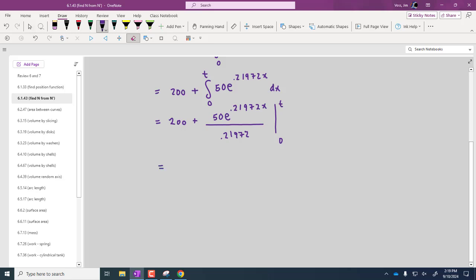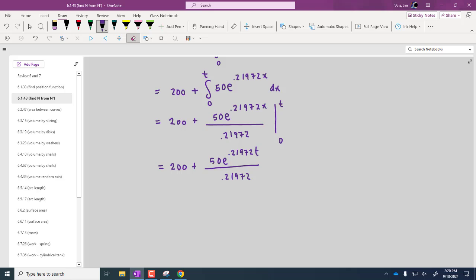And so then if we plug in the limits of integration, the upper limit of integration, all we're doing is changing the x to a t. And we have 0.21972. So that's the upper limit of integration. And now we have to be a little careful. A lot of times when we have a 0 in one of the limits of integration, we end up with the antiderivative being 0. But that's not the case here.